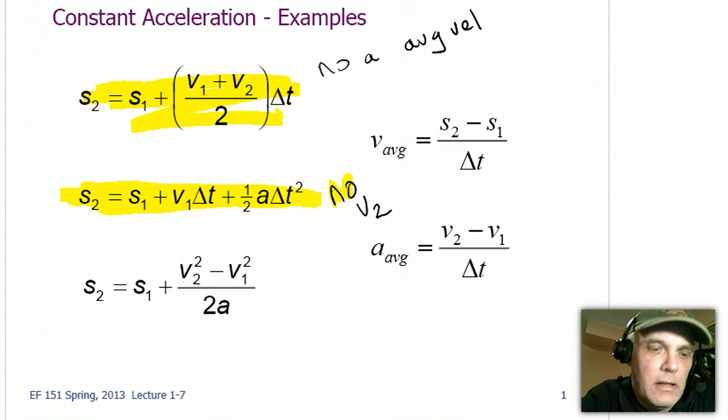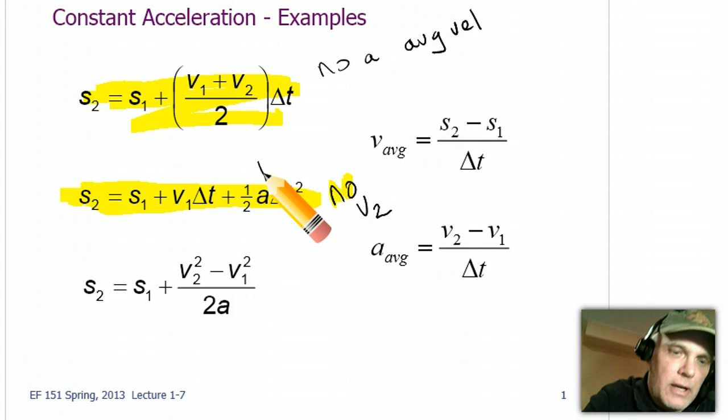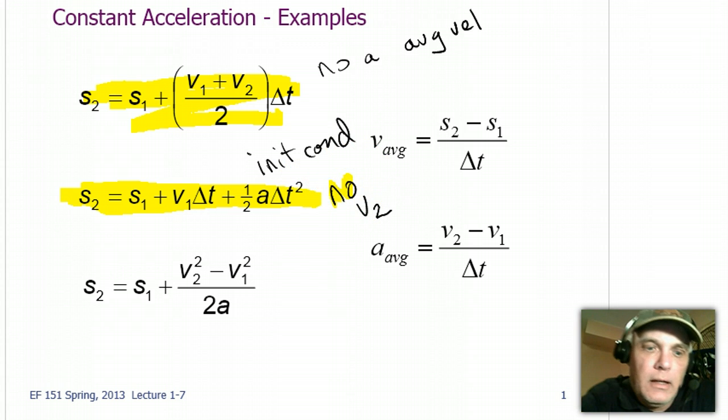We can calculate one of these variables based on the others given this equation. Sometimes I'll call that the initial condition equation, because all the terms on the right hand side are initial conditions. The delta time and acceleration are the period we're looking at.